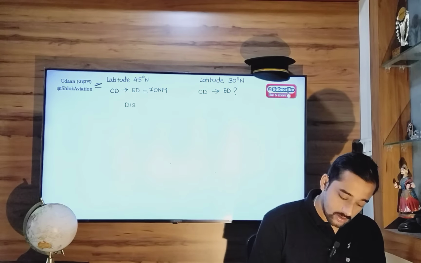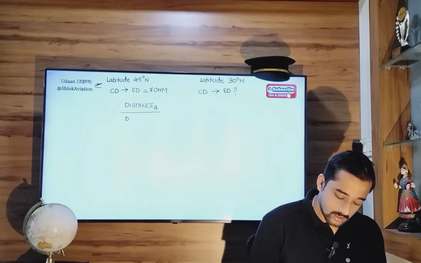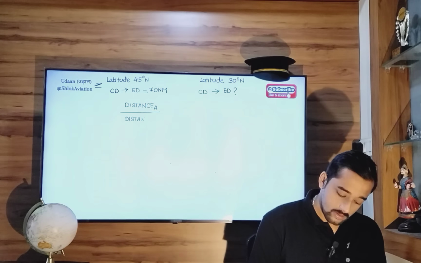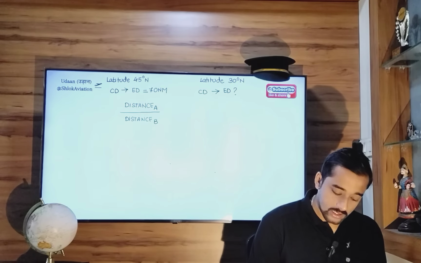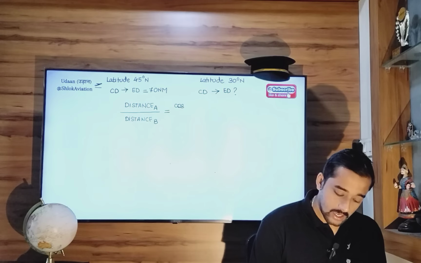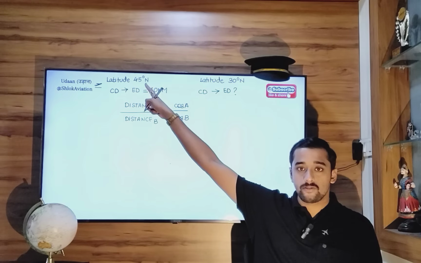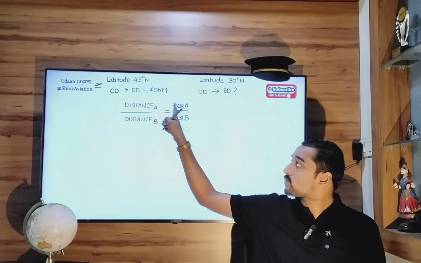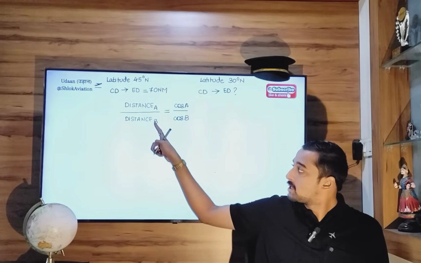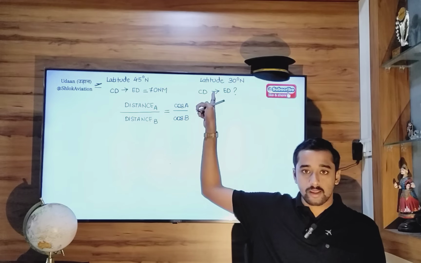Distance A divided by distance B equals cos A by cos B, where letter A stands for 45, this first piece of information, B stands for the next information.